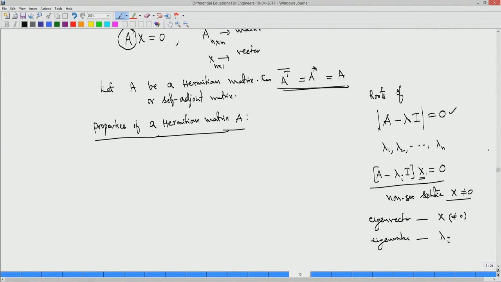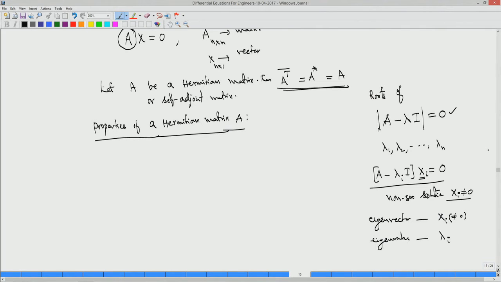So xi is the eigenvector corresponding to the eigenvalue lambda i. This is the definition of eigenvalues and eigenvectors for a general matrix.